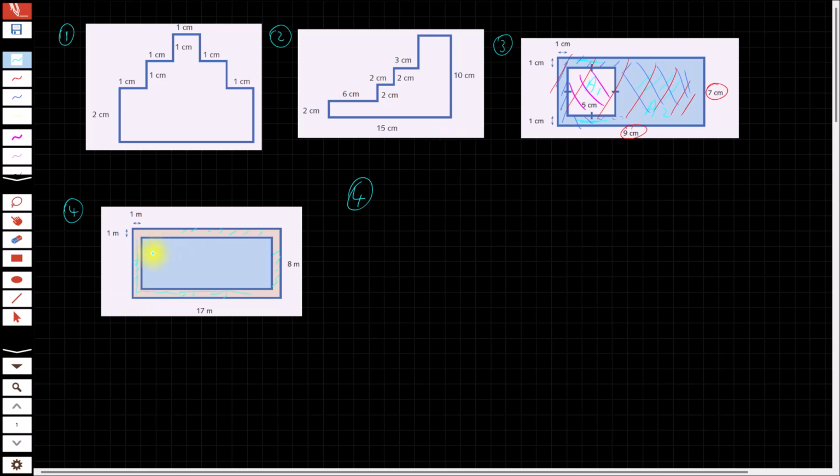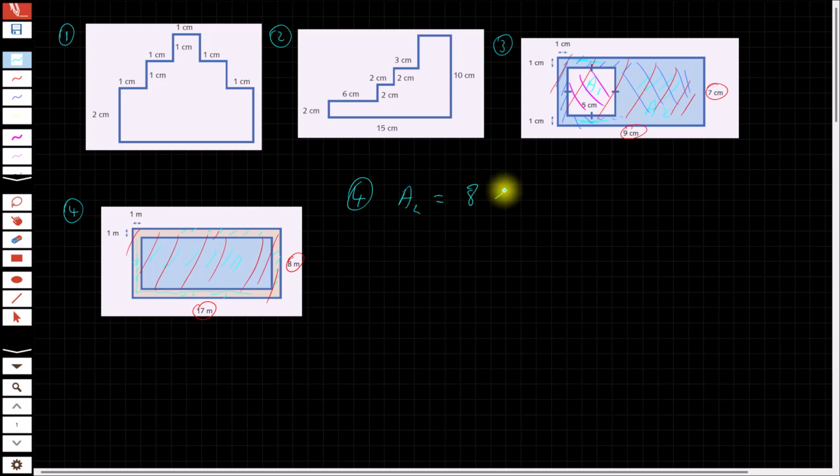So we have this inner rectangle here, and we have the larger rectangle. We're given the dimensions of the large rectangle there. So let's firstly calculate the area of the large rectangle.